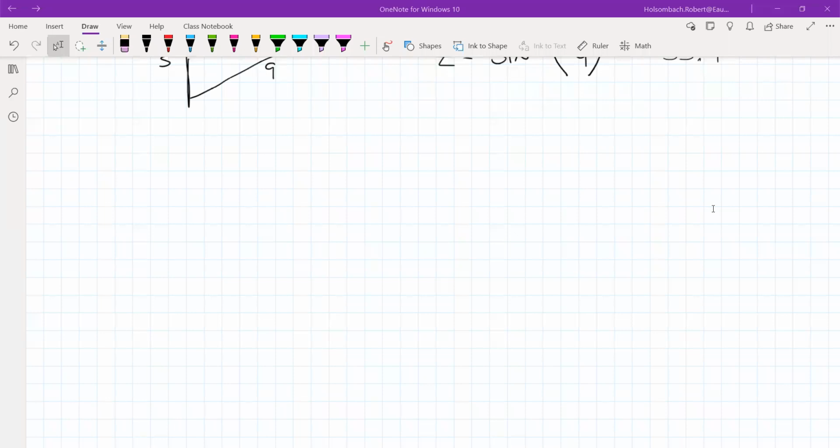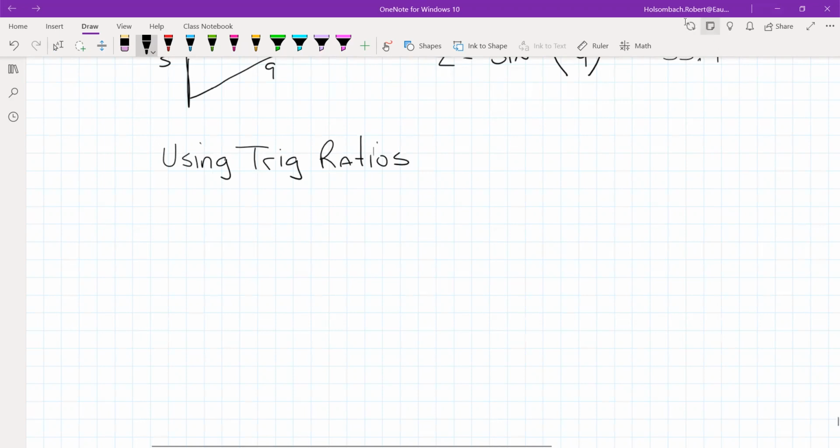All right, so again, page 572, we're working on example 5. What we're going to be doing today is using trig ratios to solve a triangle.